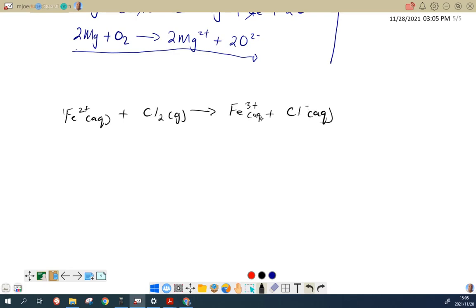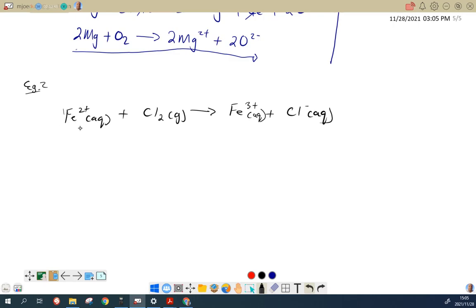These are all in aqueous solution. We want you to balance them, then identify the oxidizing agent and reducing agent, write the half equations for the reduction and oxidation processes, as well as the net ionic equation, and also balance it.